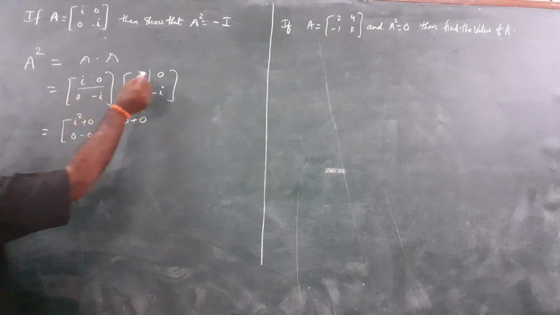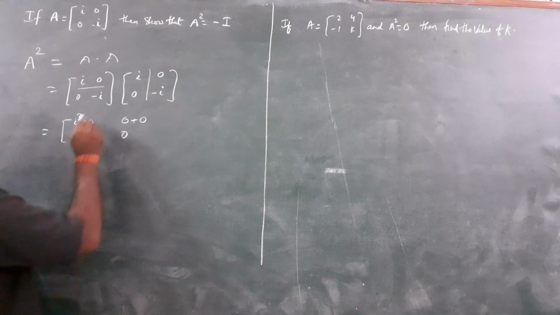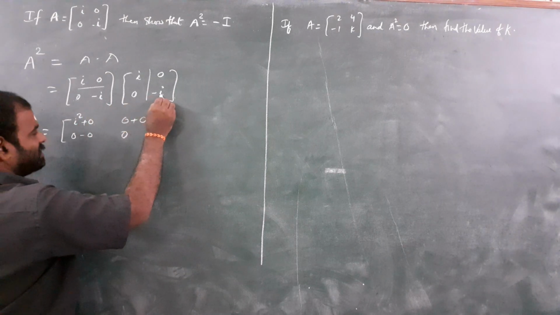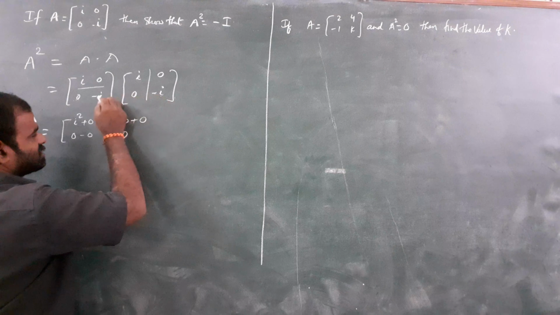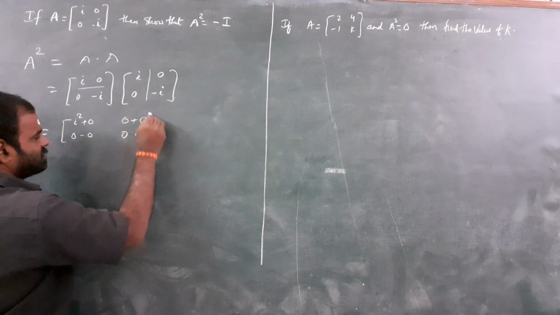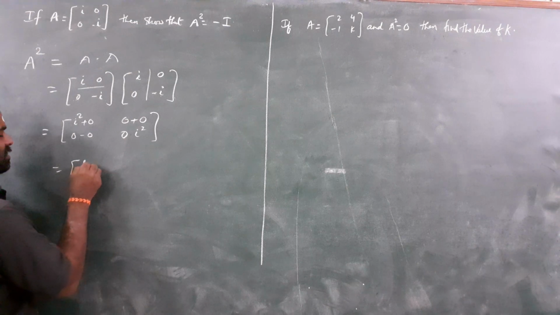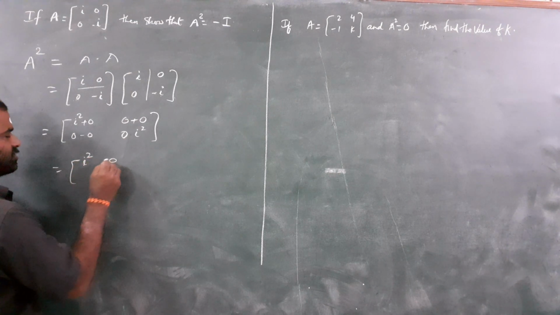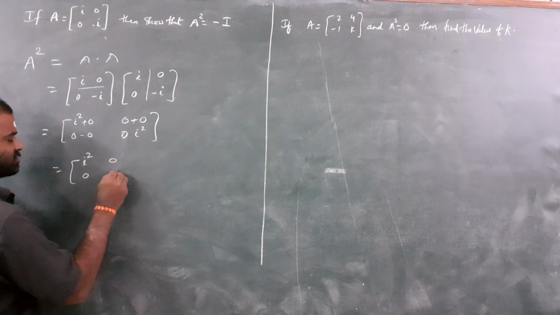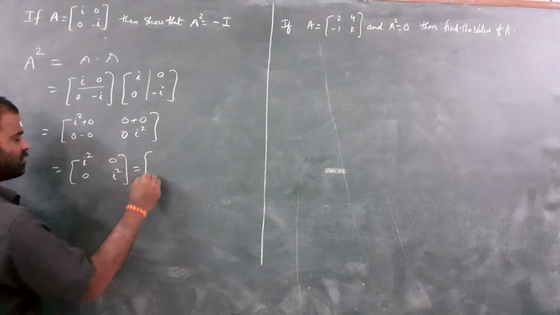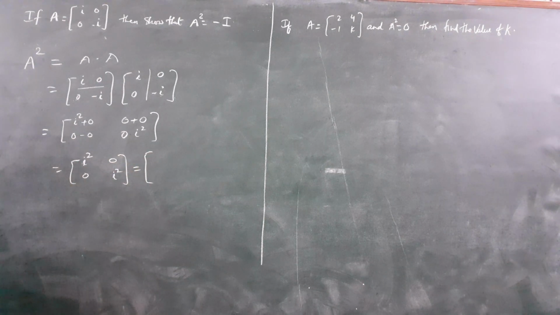Next, 0 into 0, 0, and -i into -i, minus into minus, plus i square. So it is nothing but [i square, 0; 0, i square]. What is the value of i square?